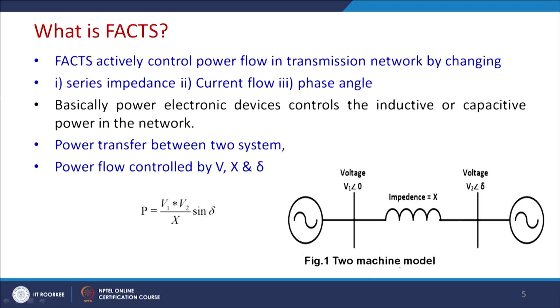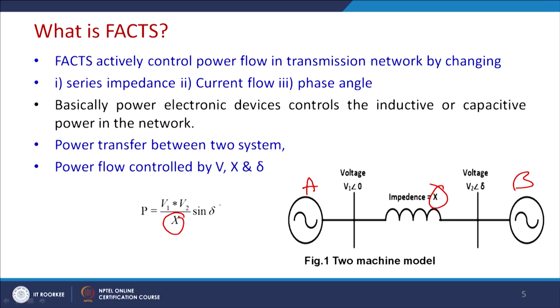This is a simple two machine model where energy is transferred from point A to point B with the impedance X. The transmission line is considered to be lossless, and this is the series impedance X. So, power electronics can control this inductive and capacitive power network and thus control X, and thus it can control the power flow between the two lines.